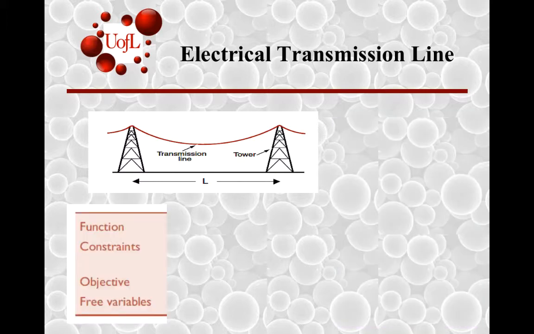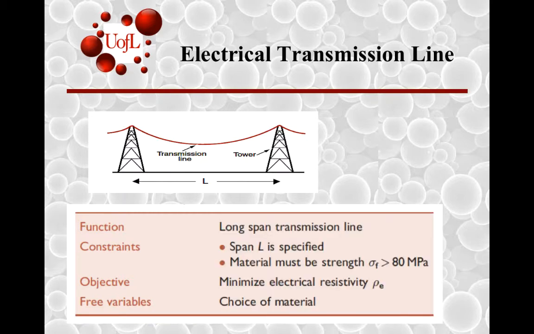What does all this mean in terms of the 4 steps of function, constraints, objective, and free variables in order to select the right material? So the function is a long span transmission line. Let's say L is specified. Then depending upon the different loads, let's say the strength is greater than 80 megapascals. The objective is to minimize electrical resistivity, and the free variables are choice of material.